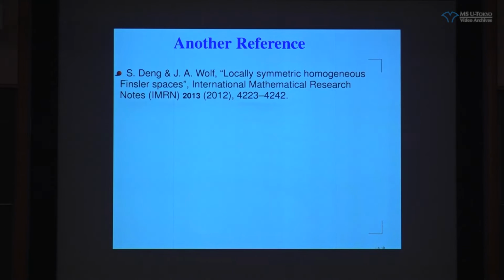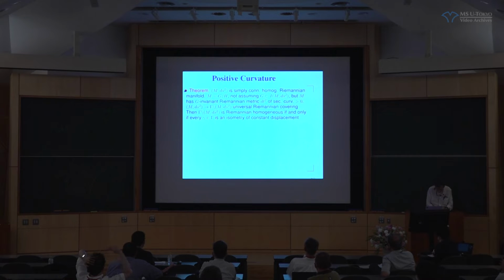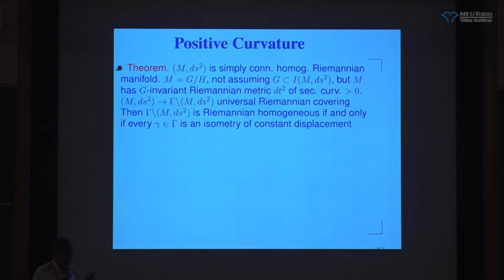And it turned out to be correct for Finsler manifolds. Okay. Now, I'll go into the proofs later, but it's one thing to have the group gamma contained in the identity component of the isometry group, but you also have to worry about the other components.